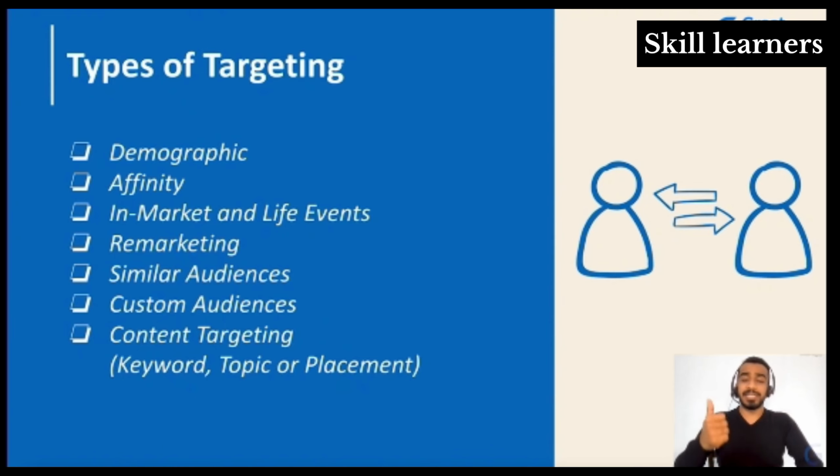The sixth type of audience is custom audience. Custom audience, like the name suggests, is something that you create. You could tell Google that my potential customer is someone who would search for these type of keywords. That is, someone who would search for digital marketing courses online, or someone who would search for digital marketing training online, or someone who is looking for a Google Ads certification.